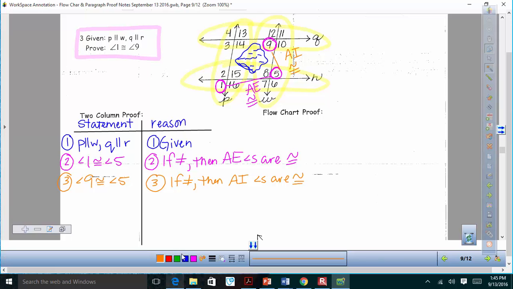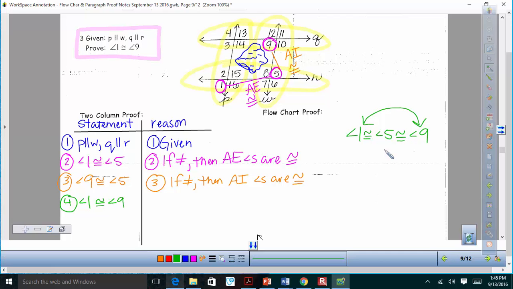Okay, and my last is the prove. So I'm proving that angle 1 is congruent to angle 9. Now, we have that angle 1 is congruent to angle 5, and then we have angle 5 is actually congruent to angle 9. So if all of these are equal, all of them are congruent, all of them are the same, doesn't that mean that congruency would transfer straight from 1 to 9?